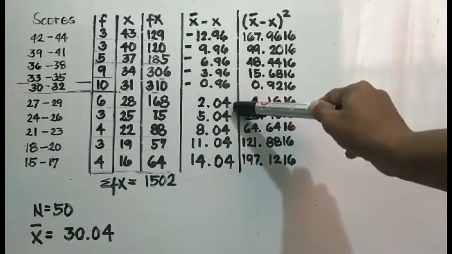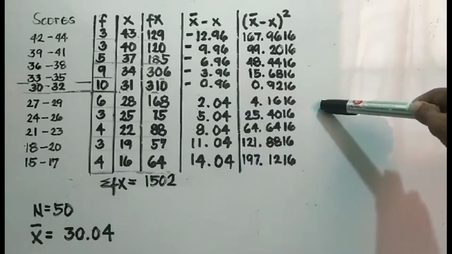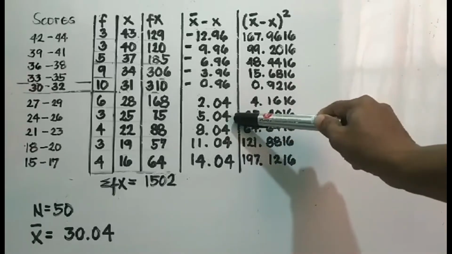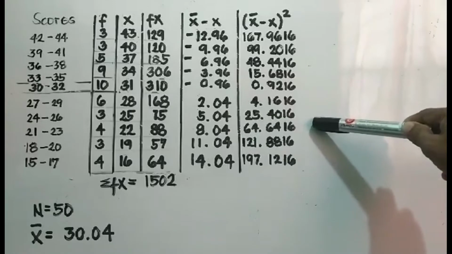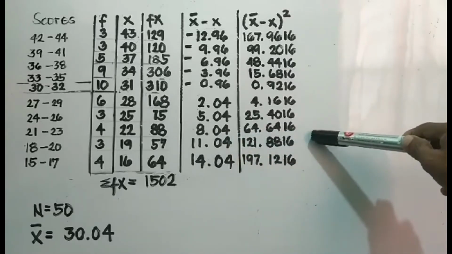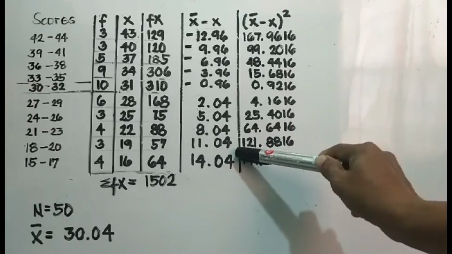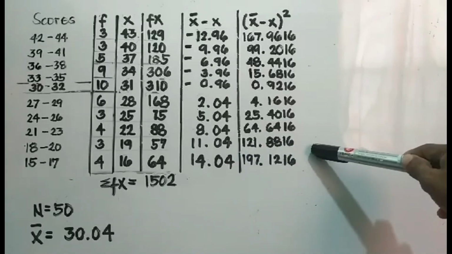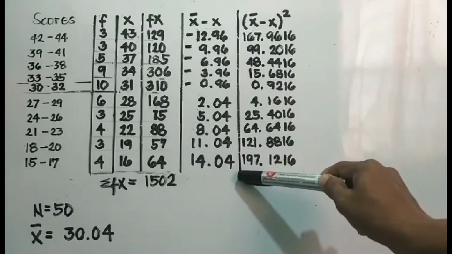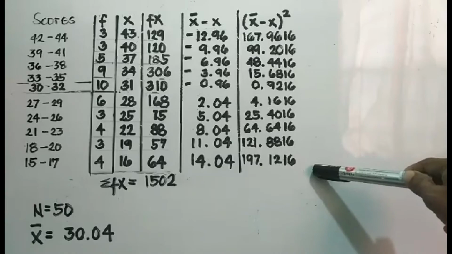Dito naman, 2.04 times 2.04 equals 4.1616. 5.04 times 5.04 equals 25.4016. 8.04 times 8.04 equals 64.6416. 11.04 times 11.04 equals 121.8816. And 14.04 times 14.04 equals 197.1216.